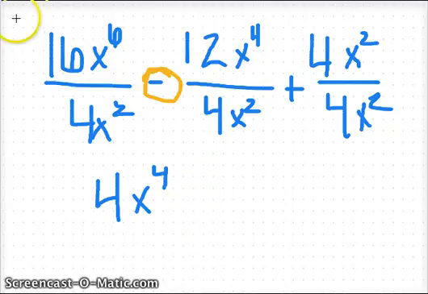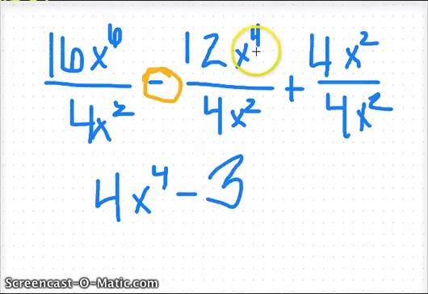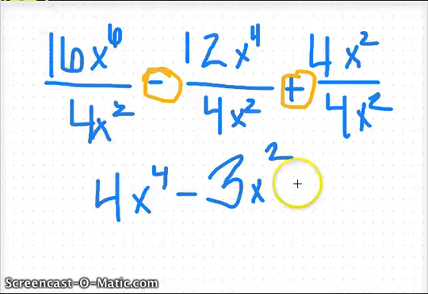Okay, and we're going to do minus, and it's going to be 12 divided by 4, which is going to be 3. Then 4 minus 2 from the exponents is going to be x to the second power. And notice for this one that's a plus sign, so we're going to put a plus sign.